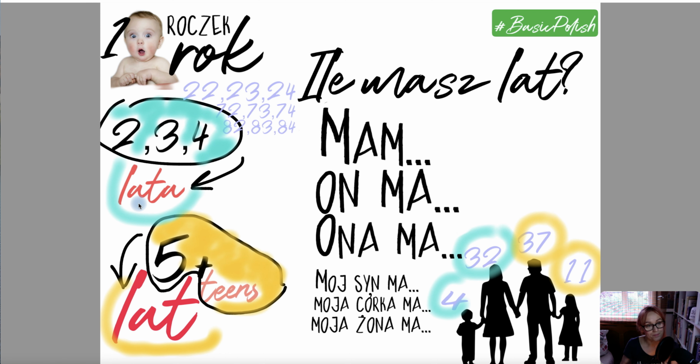So that's our mechanism behind talking about age, and it is quite confusing for many students at the very beginning, especially for those of you who are self-taught. When you see "rok," when you see "lata," when you see "lat," it's kind of hard to understand why that is the case, why we have this kind of strange way of counting.